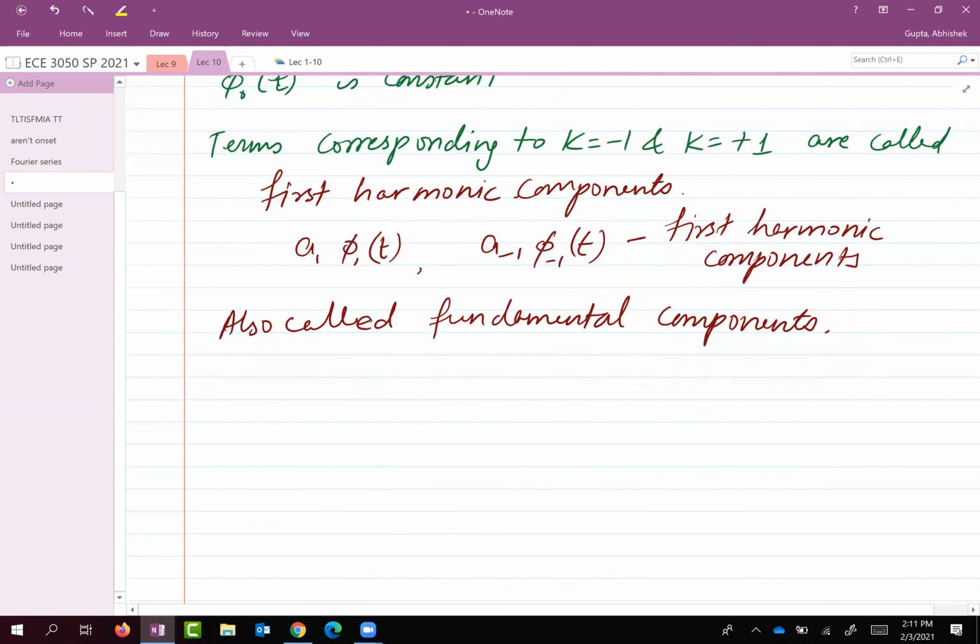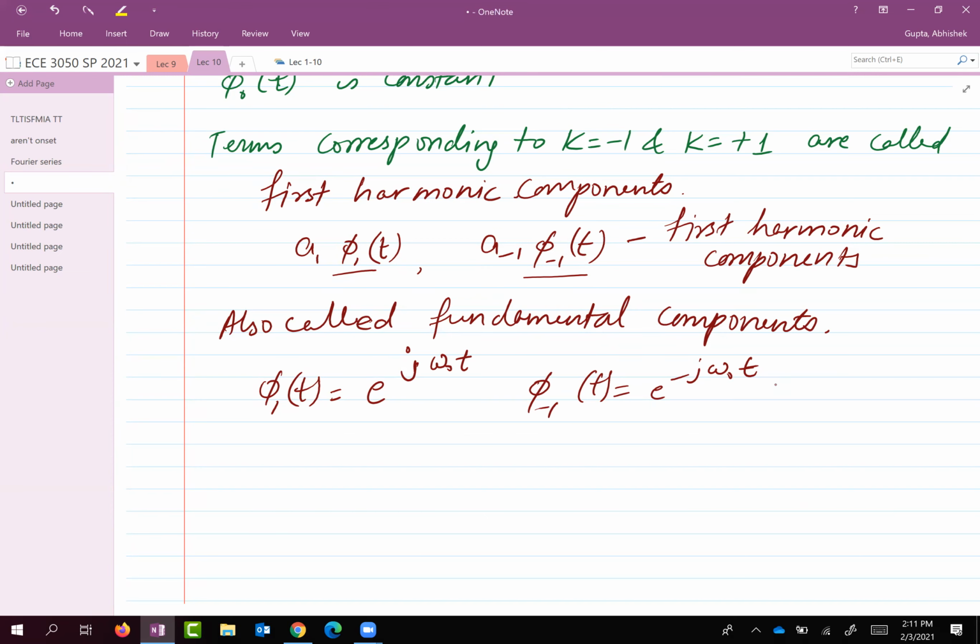Now if you look at the expressions for phi1 of t and phi minus 1 of t, this is e raised to j omega naught t, and e raised to minus j omega naught t.